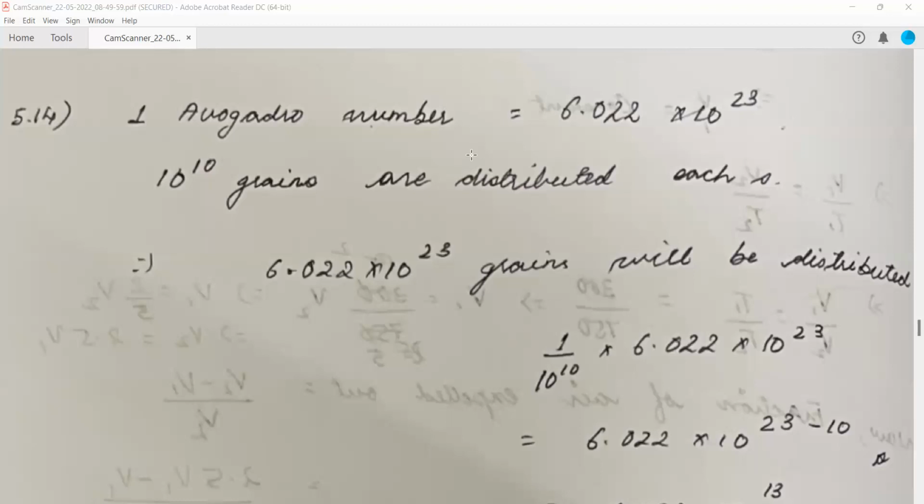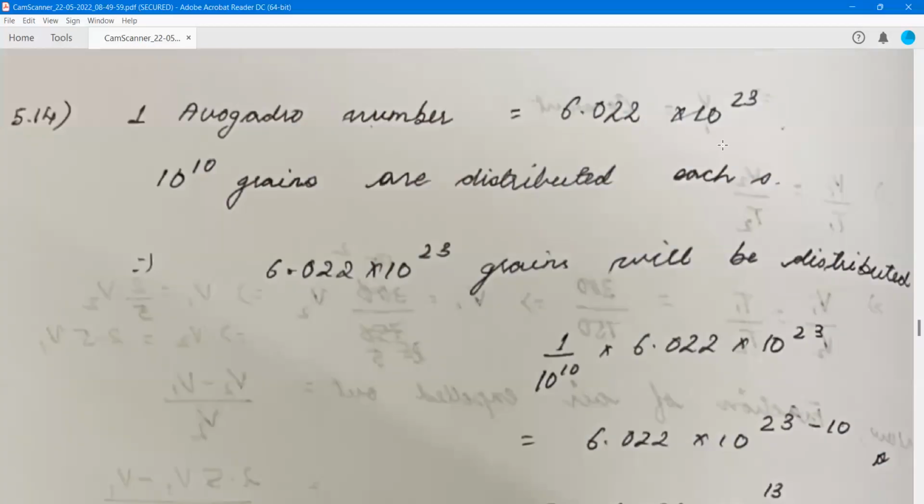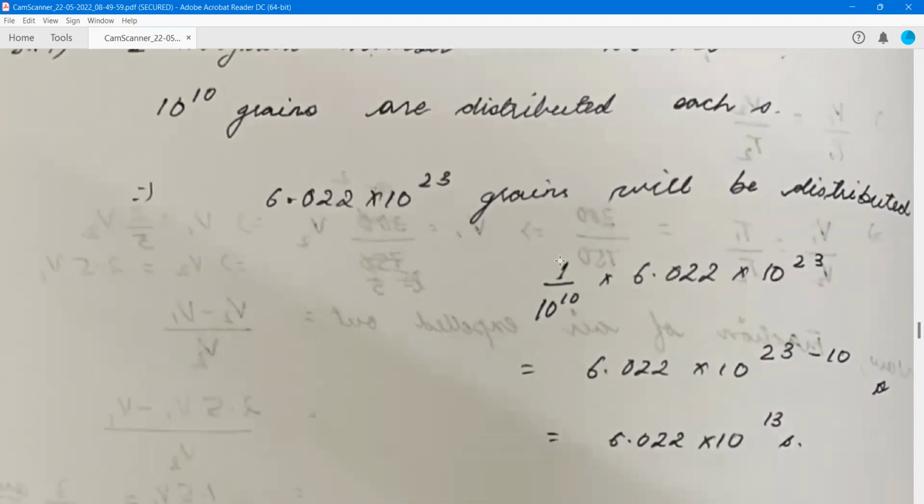We know that one Avogadro number is equal to 6.022 into 10 to the power of 23, and we know the rate of distribution: for 1 second, you are distributing 10 to the power of 10 grains. So how much time do you need? You have to divide 6.022 into 10 to the power of 23 by 10 to the power of 10.